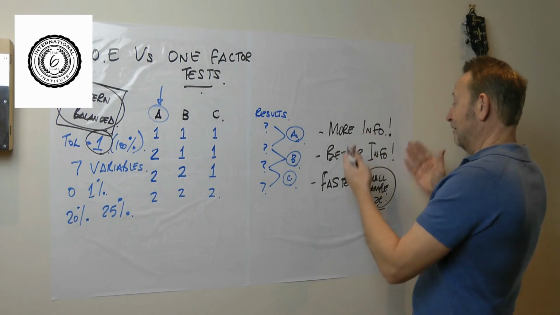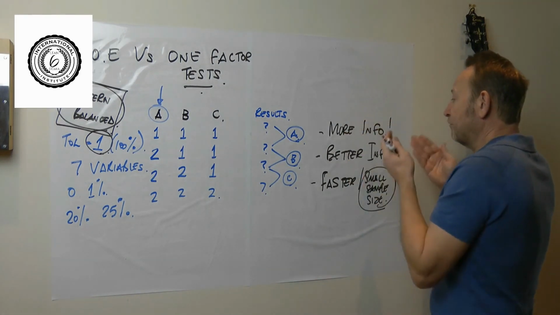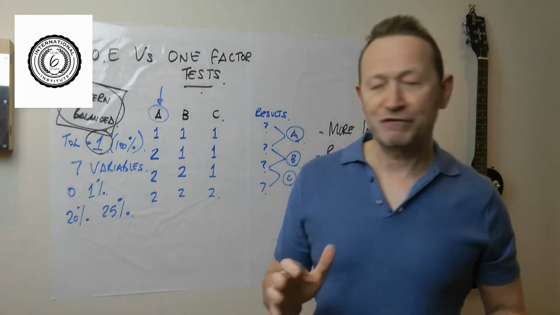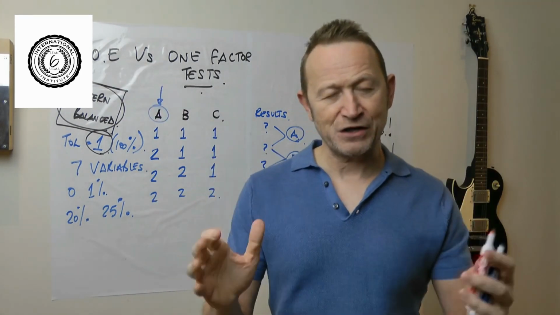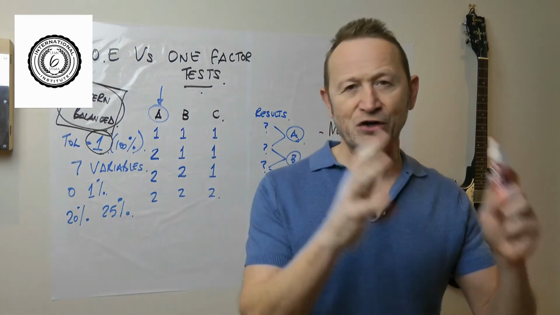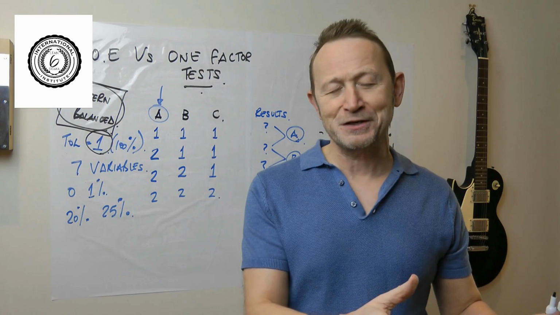So typically it's more information, it's cleaner information, it's going to be the truth, and it's going to come at you faster. DOE is the fastest way to find out.